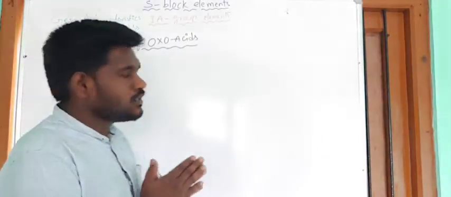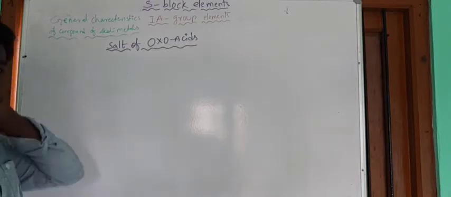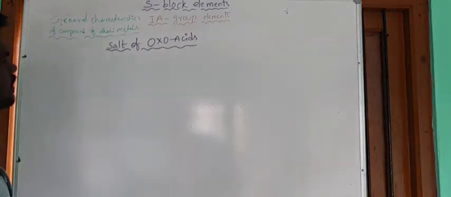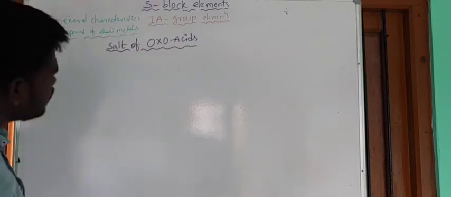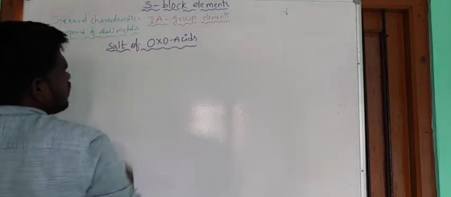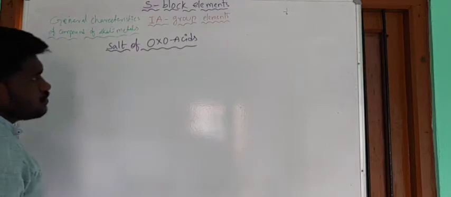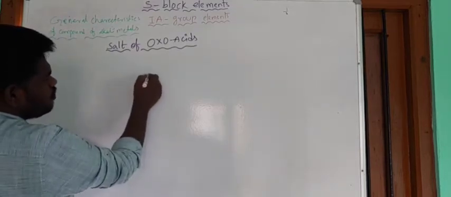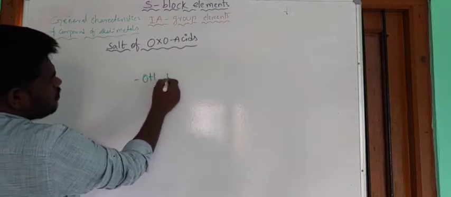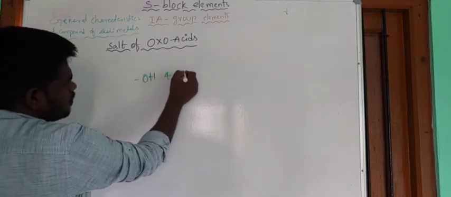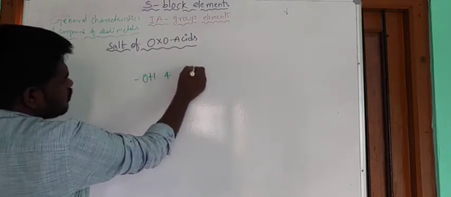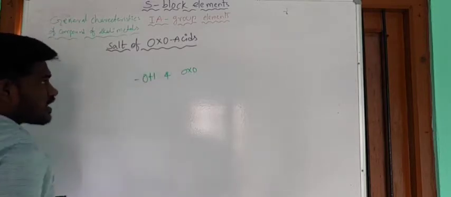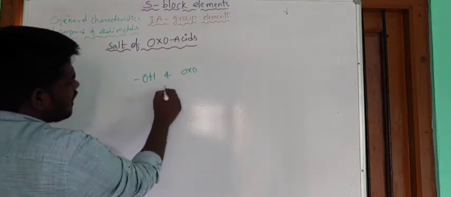Right students, so in this video class I am going to teach you salts of the oxo acids. Before knowing about the salts of the oxo acids, it is better to know what is an oxo acid. In a given acid, an OH group and an oxo group are both connected with the same atom.